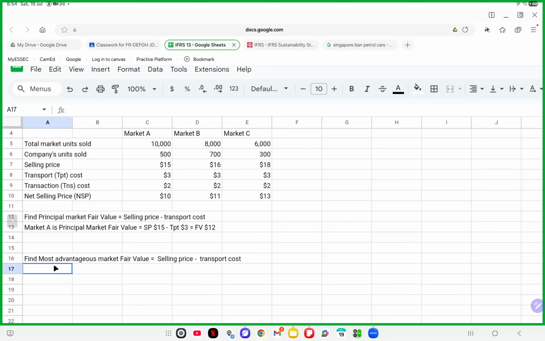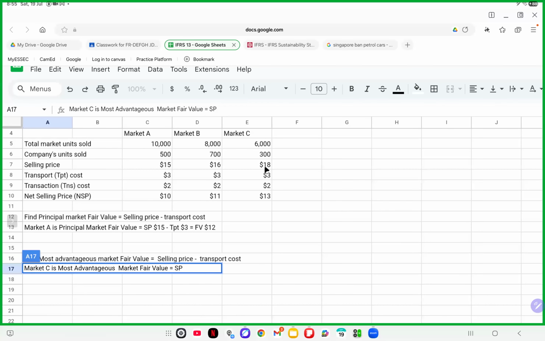So market C is the MAM, most advantageous market. So the fair value of the most advantageous market is now taking the selling price of here, 18.